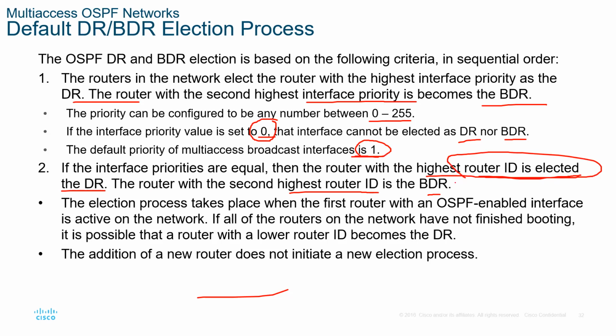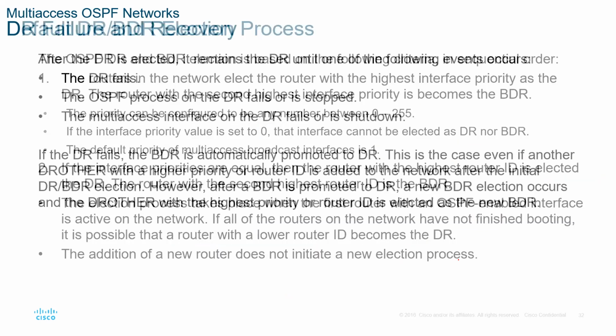The election process takes place when the first router with an OSPF enabled interface is active on the network. So if all the routers on the network have not finished booting, it is possible that a router with a lower ID becomes the DR. In addition, a new router does not initiate the election process.